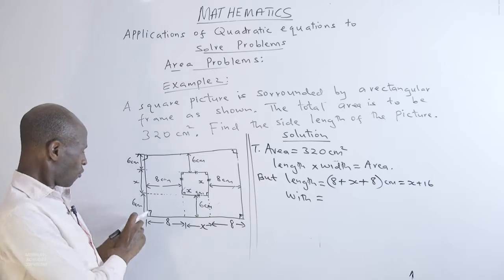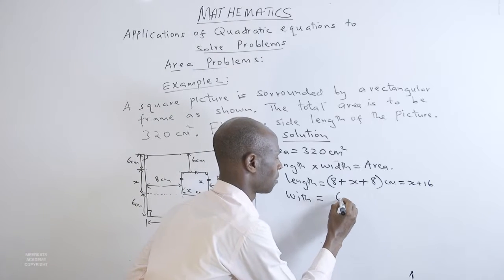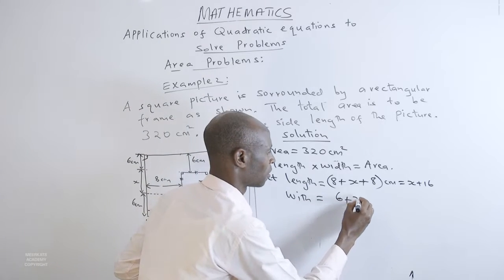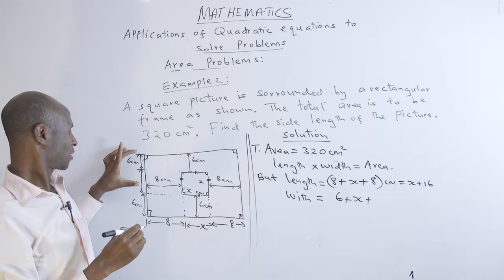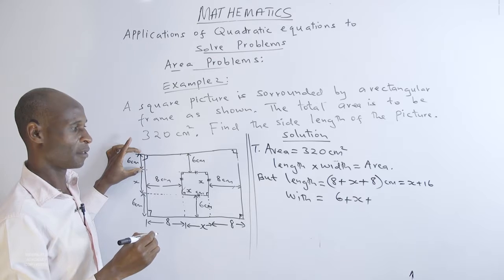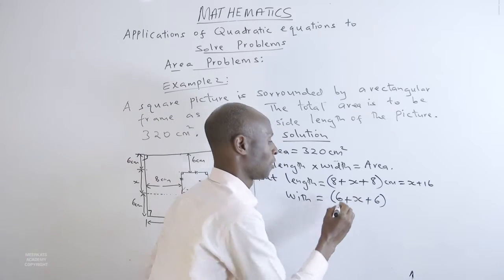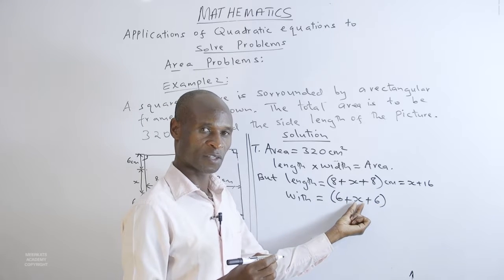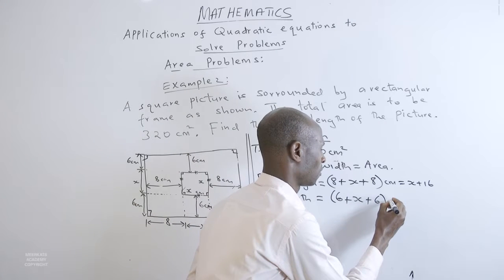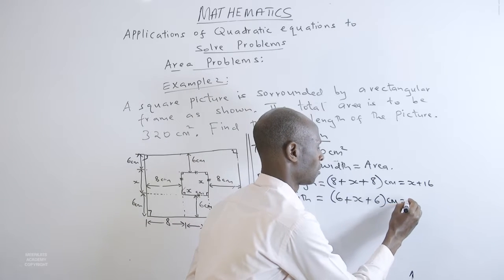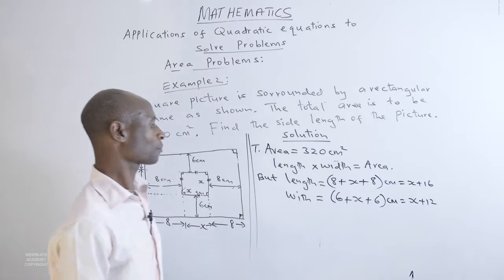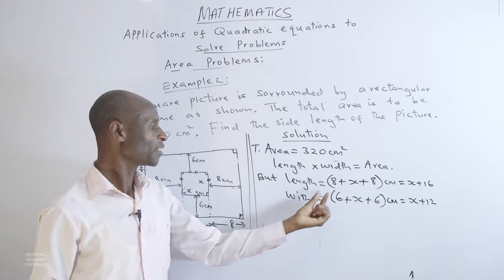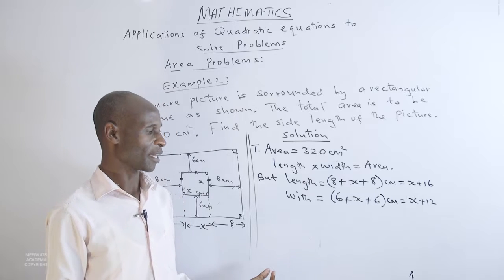The width of the rectangle will be 6 plus x plus the 6 part here. Then we simplify, we shall have 6 plus 6 is 12 plus x. So that gives us x plus 12. Since the area is in square centimeters, it means our dimensions will be in centimeters.